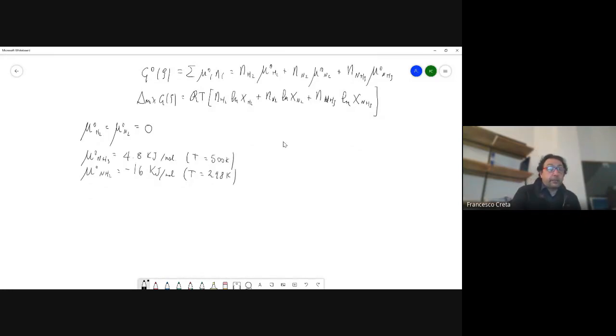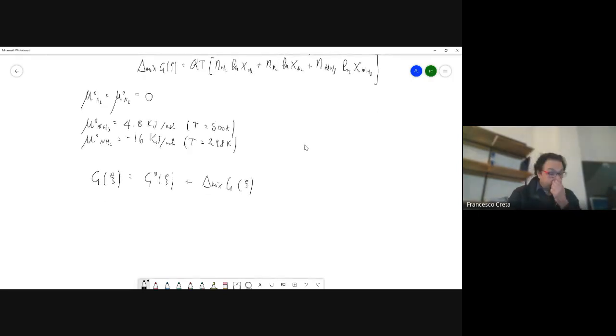Because we can write G as a function of G0 of the unmixed components plus a delta mix of G, okay? One thing that is going to turn out to be quite important is this quantity here, what we call delta G0.